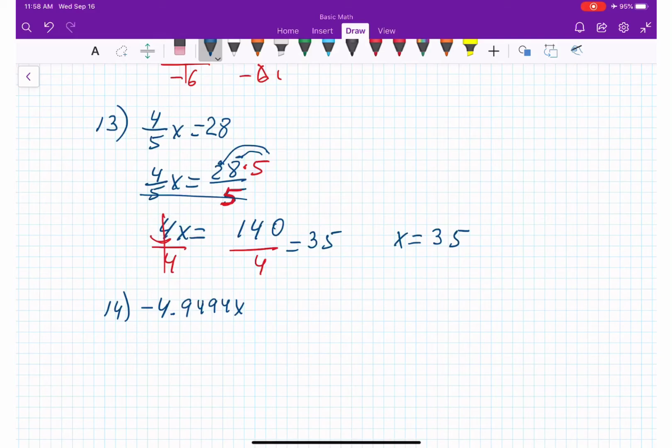How to read it? Negative 4 and 9,494 x. And equal 25.